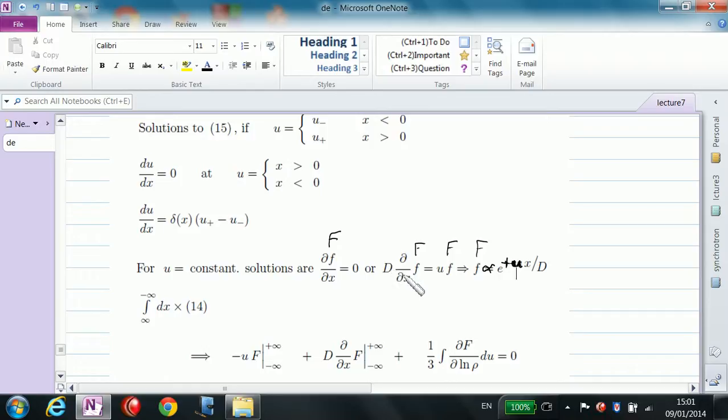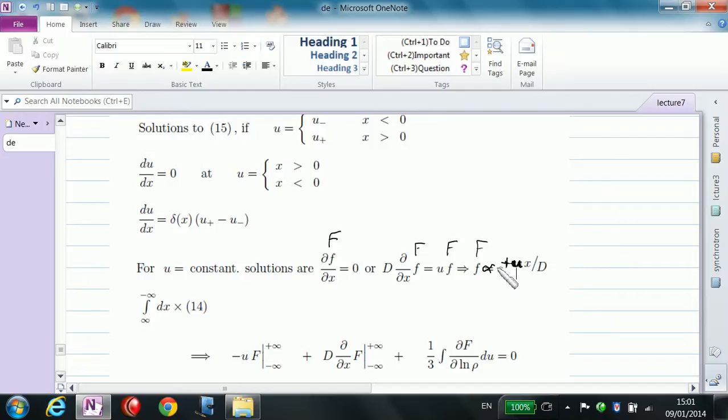All right. Now, which solution do we use upstream and which solution do we use downstream? Downstream, x is positive, and since the velocity is sweeping in this way, to balance it by diffusion, the diffusive flux has to be in the negative direction.